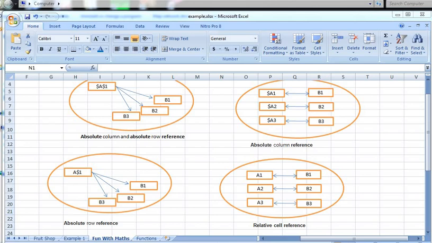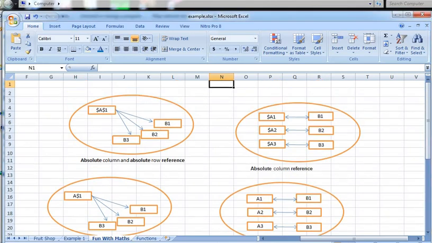The first picture, the picture over here, is absolute column and absolute row reference. You should know when you place a dollar mark in front of the column and in front of the row, it becomes absolute. Any operation, whether it is plus, minus, subtract, or division, is going to be frozen and this value will never change.